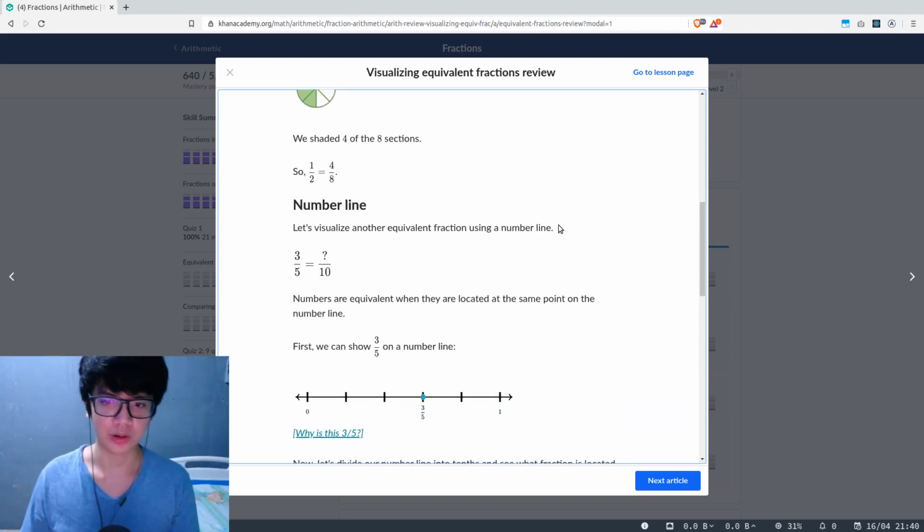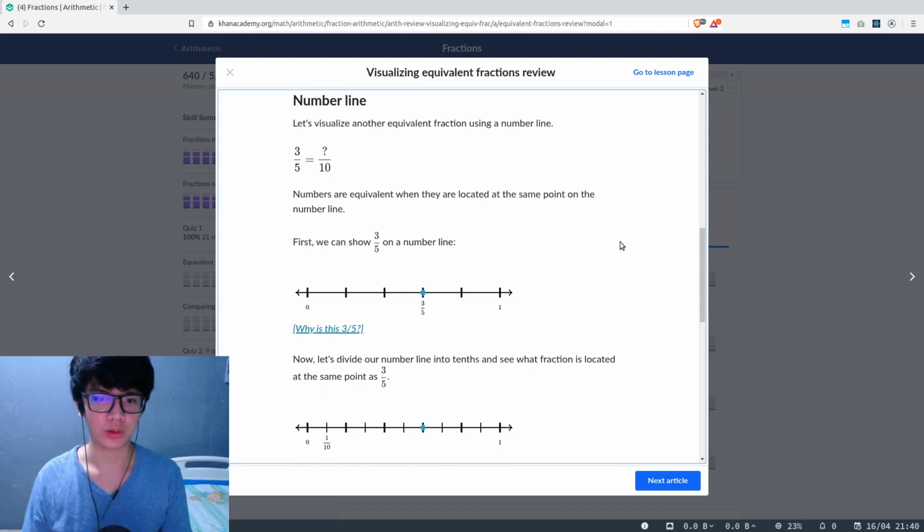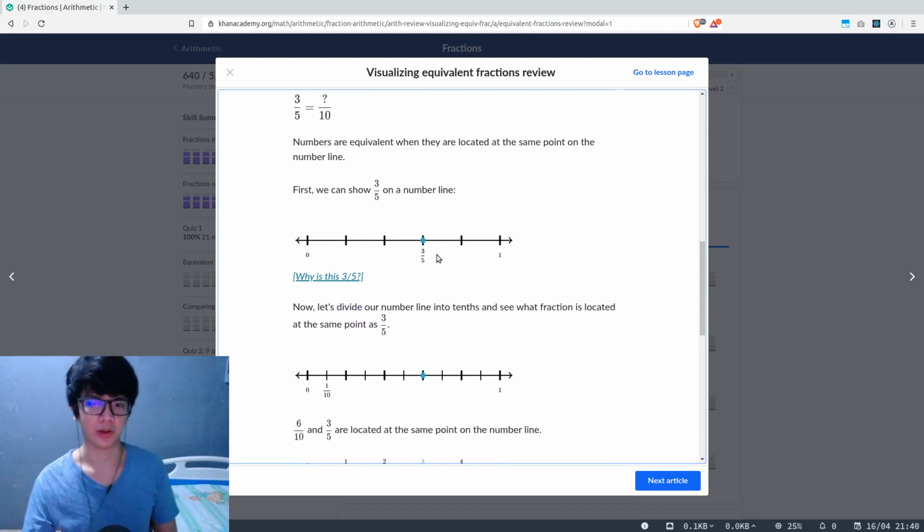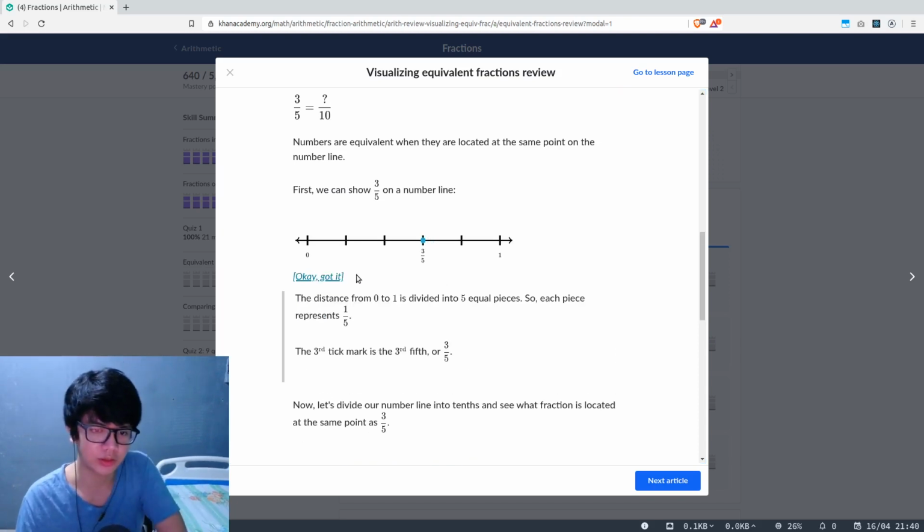Let's visualize equivalent fractions on a number line. Equivalent fractions are again at the same point on the number line. First, we can show 3/5 on a number line. Why is this 3/5? From 0 to 1 is divided into 5 parts, so the third tick mark is the third fifth, so 3/5.